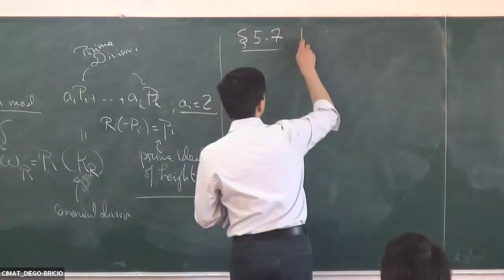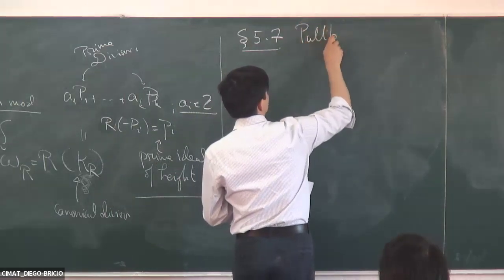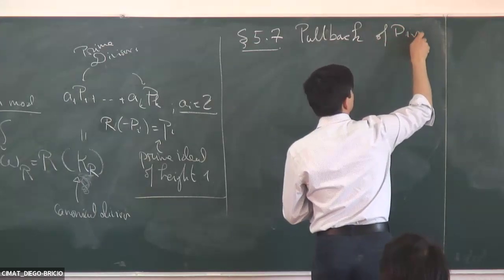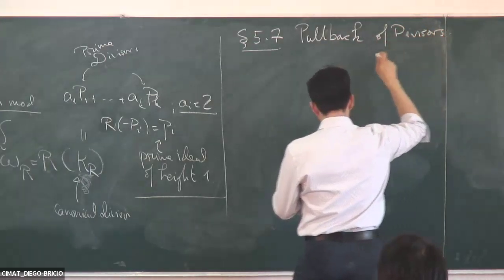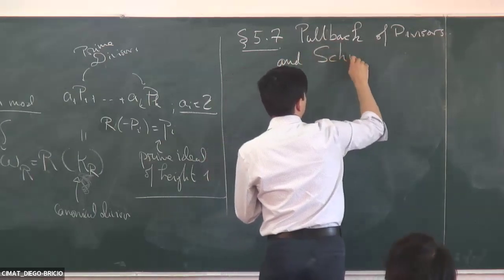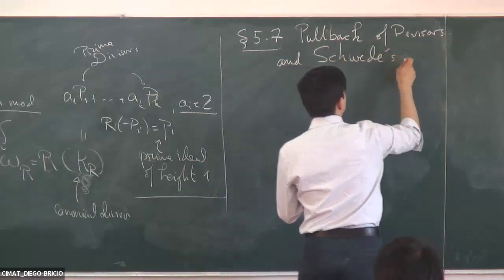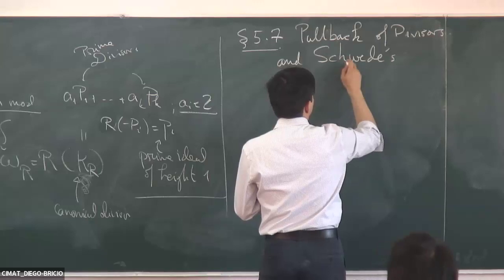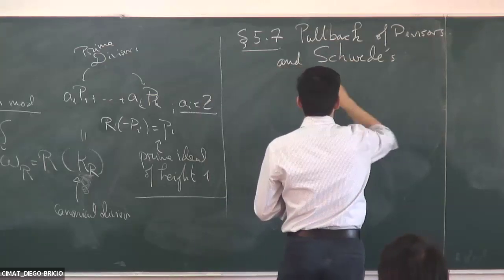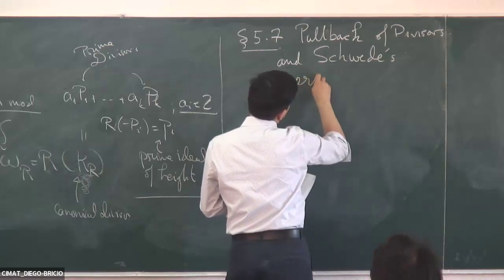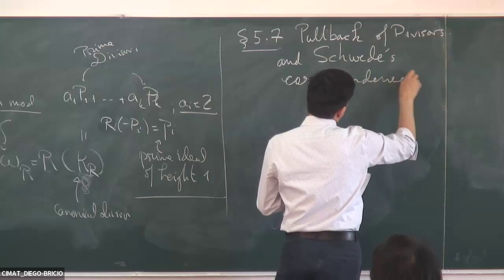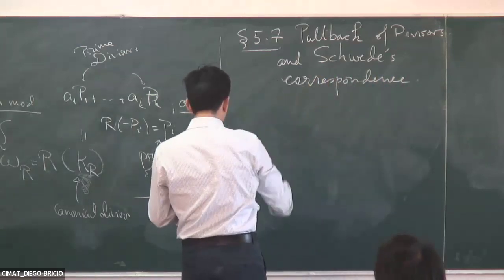So it's about pullback of divisors and the Schritt's correspondence, which is a very simple but powerful idea.